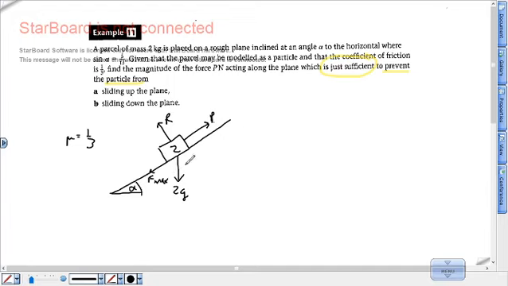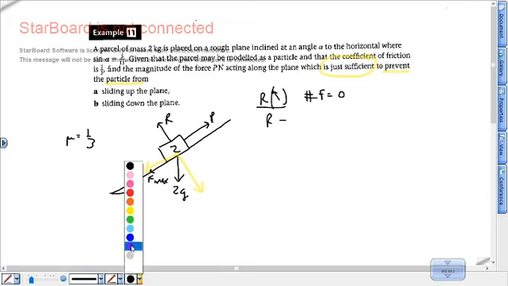So we've got to get F max first of all, so we're going to have to resolve perpendicular to the plane, where net force is equal to 0. So I've got R minus the component of the weight. Let me draw it on. This is alpha.